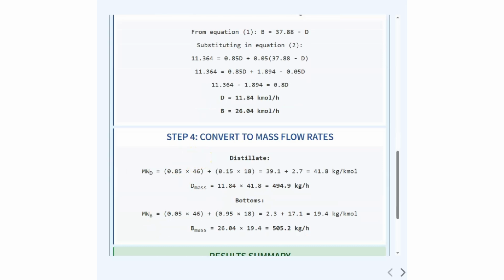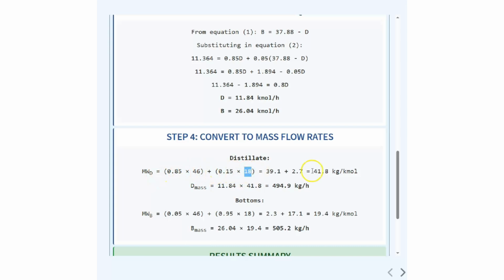Now next we have to convert to mass flow rate. Let's convert this molar flow back to mass flow using the average molecular weight of each product stream. For the distillate, which is 85% ethanol, the rest will be water. So the average molecular weight will be 0.85 times 46, where 46 is the ethanol molecular weight, plus 0.15, that is the water fraction, times 18, the water molecular weight.